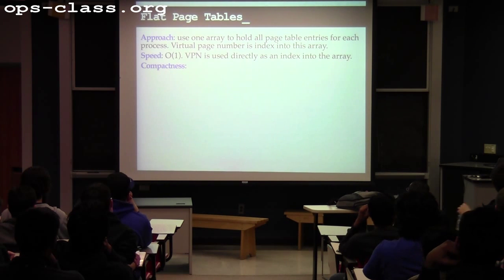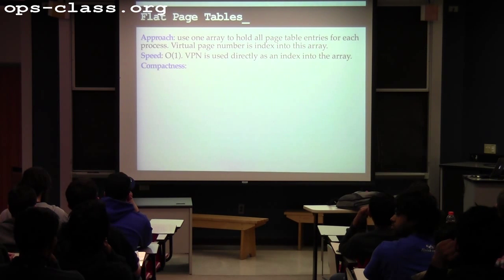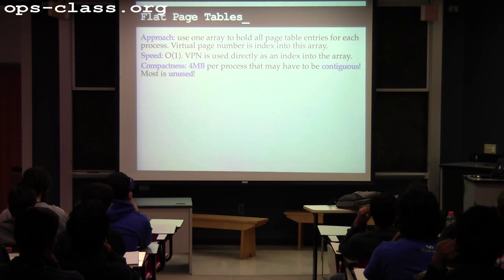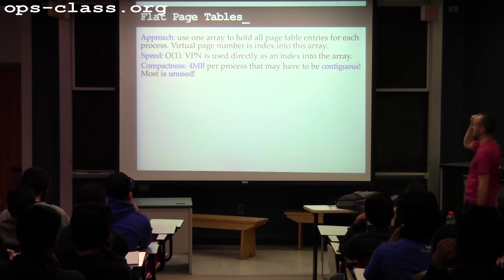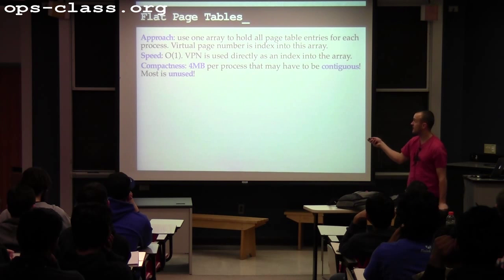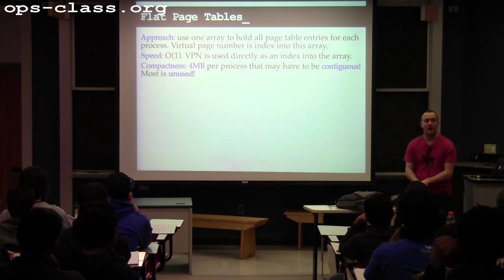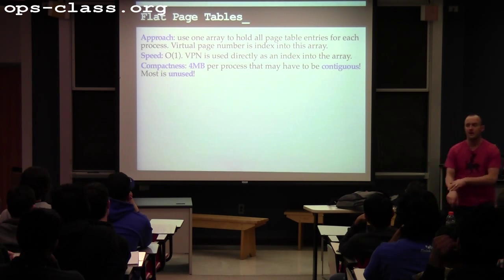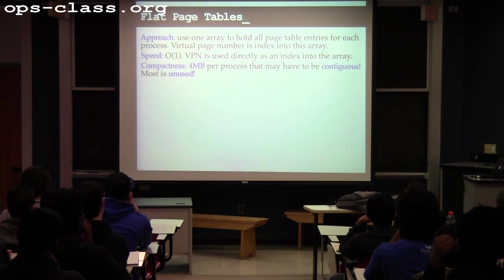What about compactness? It's not very compact. You can't make it grow as many processes. Yeah, terrible, right? And this is 4 megabytes per process. I shouldn't say remember. I mean, is that right? I'm pretty sure that number is right. It's 4 megabytes to map a 4 gigabyte address space, right?